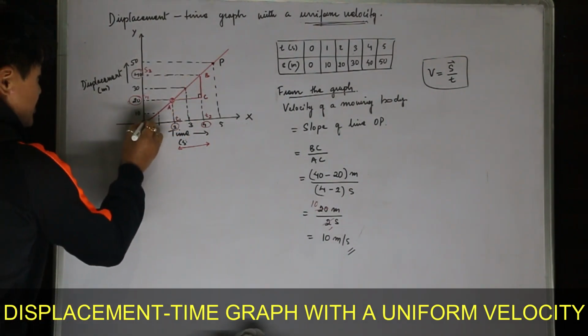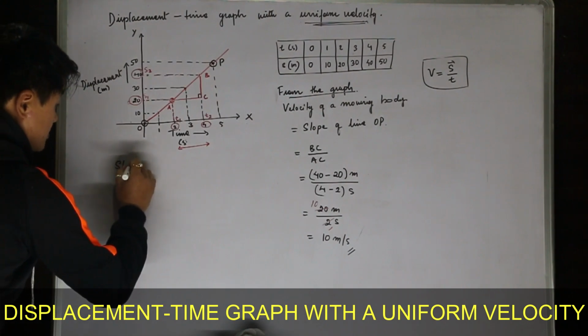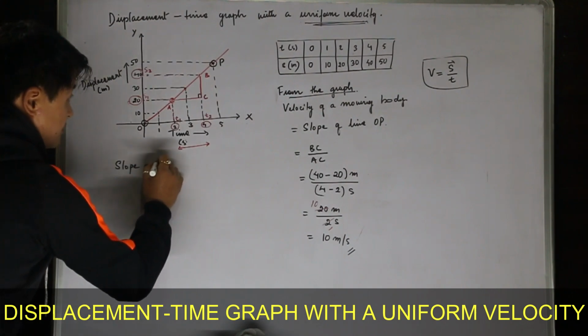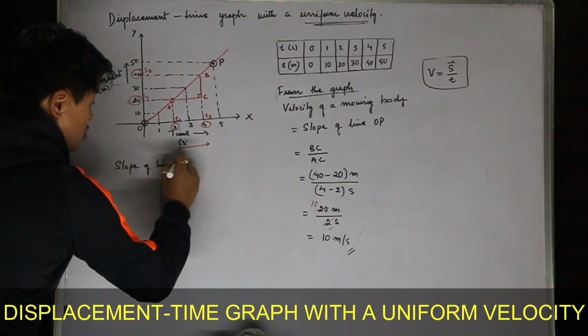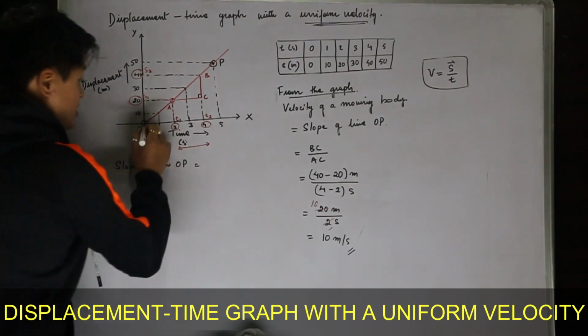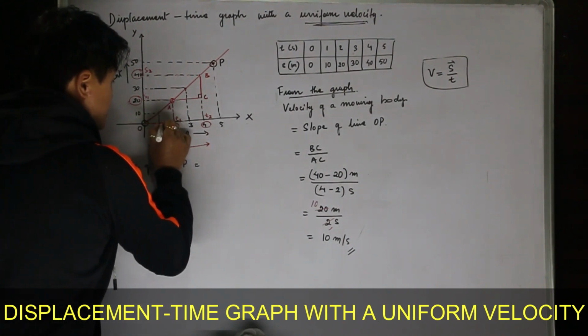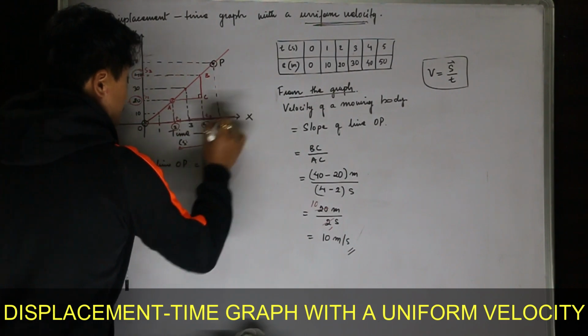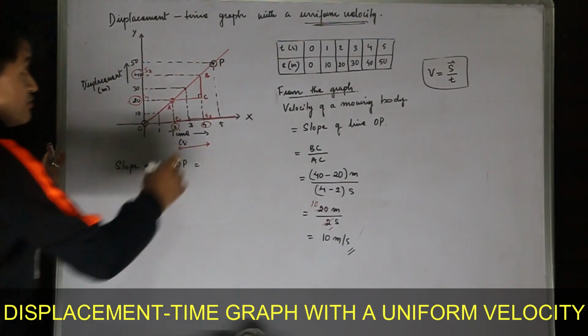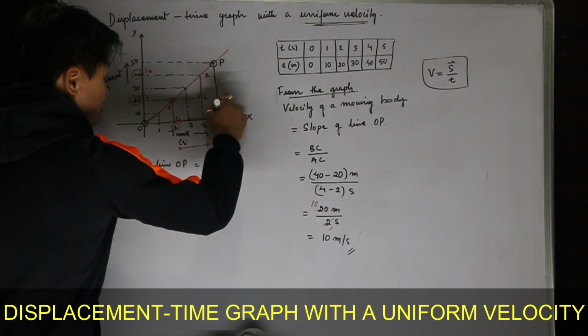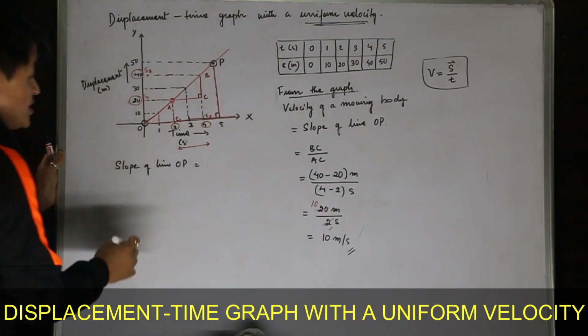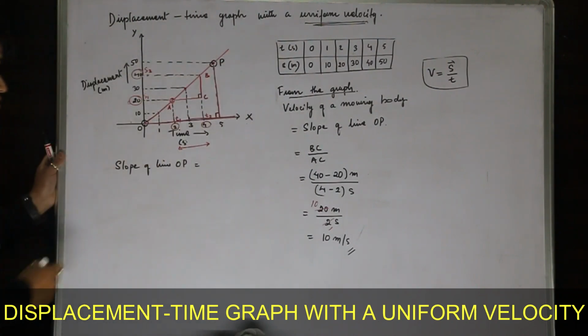If you consider these 2 points, the slope of line OP, we have to draw a horizontal line from O, and a vertical line from P. Wherever they meet, it will form a right angle triangle.